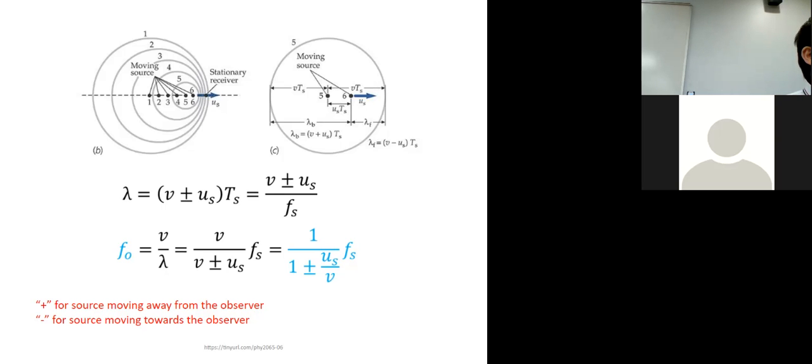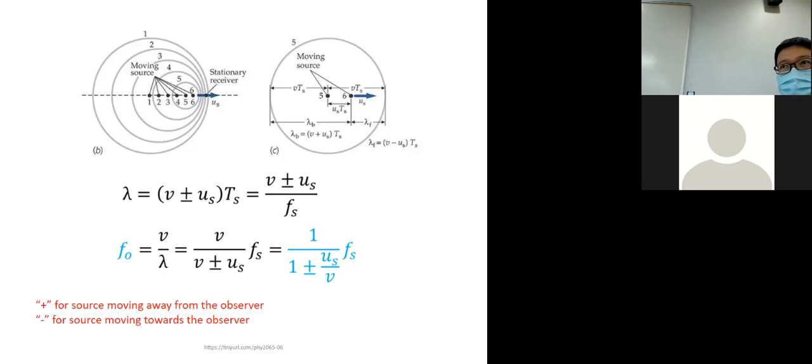Then at a later time T2, the source is closer to the observer, so the wave peak given out at that moment takes a shorter distance to reach the receiver. So the time it takes for the receiver to hear the sound wave is getting smaller.